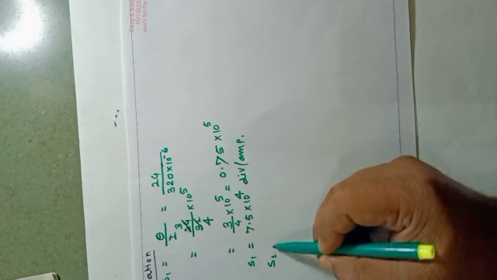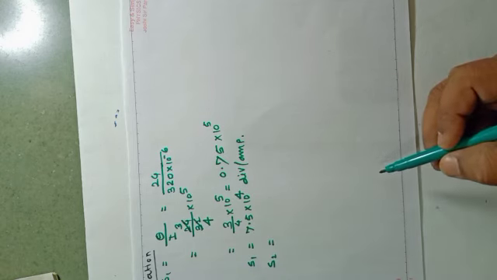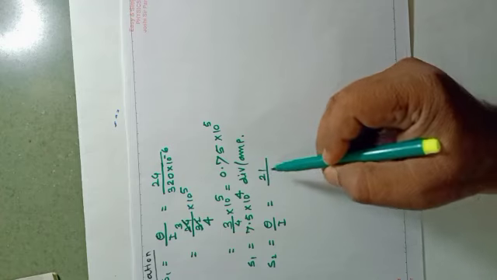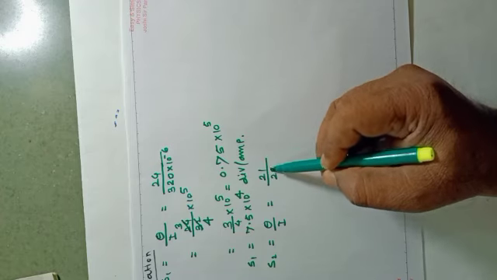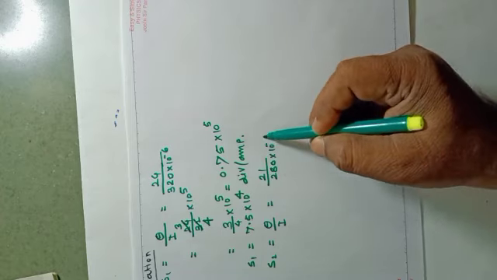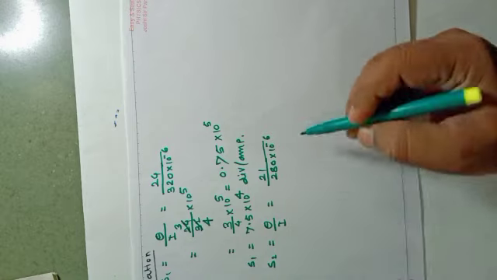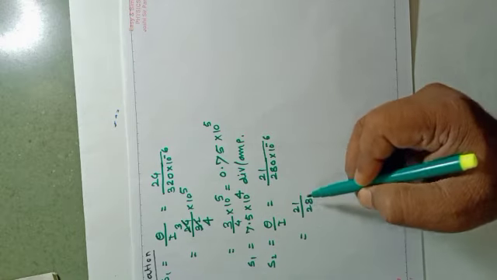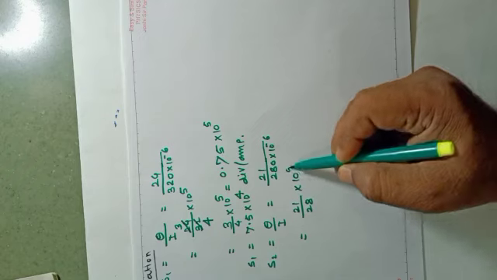So S2 is equal to theta upon I. It will be 21 upon 280 into 10 to the power minus 6. So again we can remove a 0, then it becomes 21 upon 28 into 10 to the power 5.